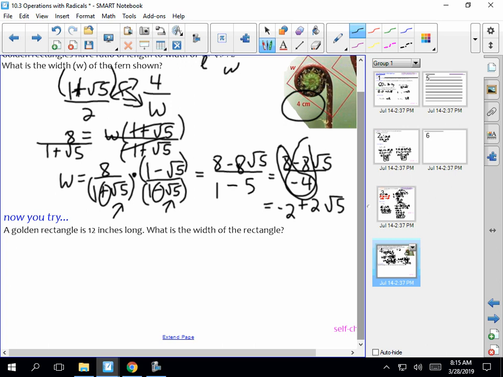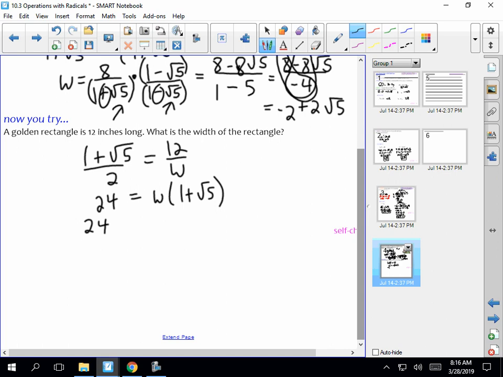So now I'll let you try it here. I'll set it up and solve it as well. This one has 12 inches long in it, so it's going to be pretty similar. Set up here, 12 instead of 4 going up there. So we've got 24 equals W times (1 plus root 5).